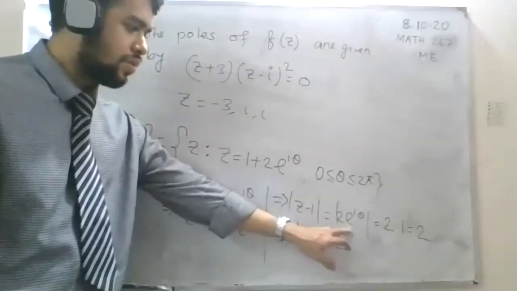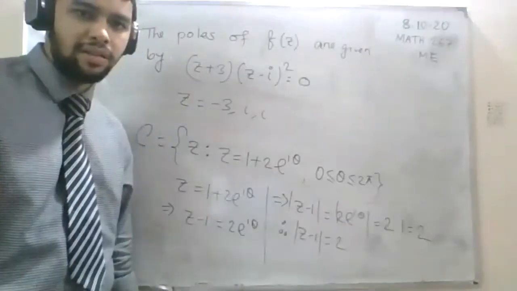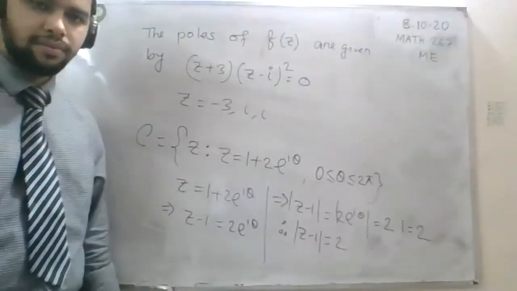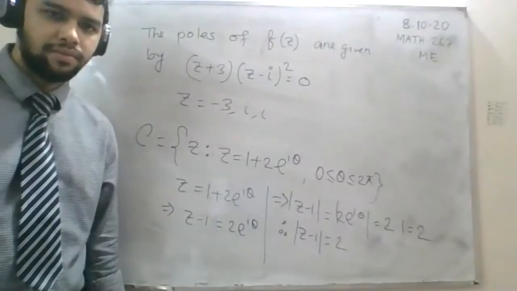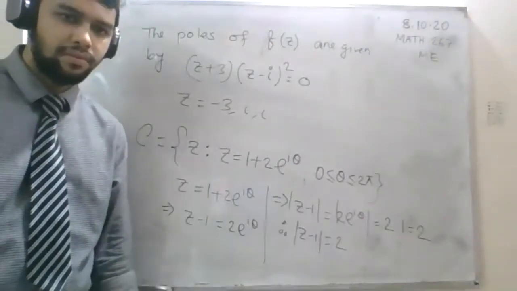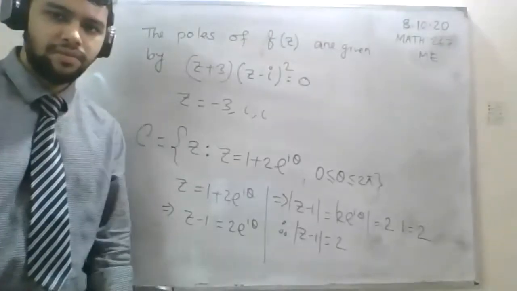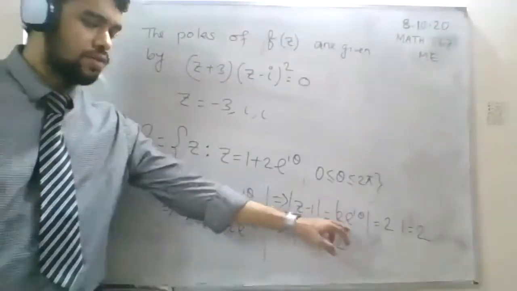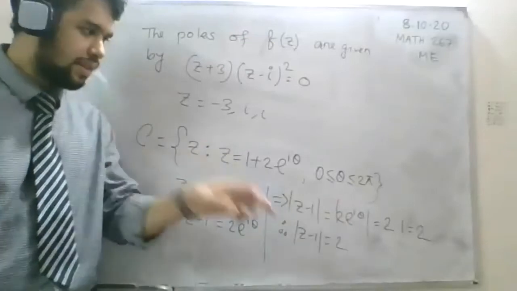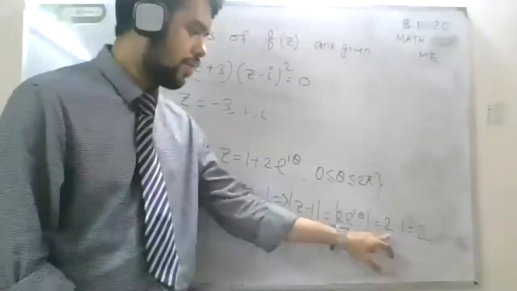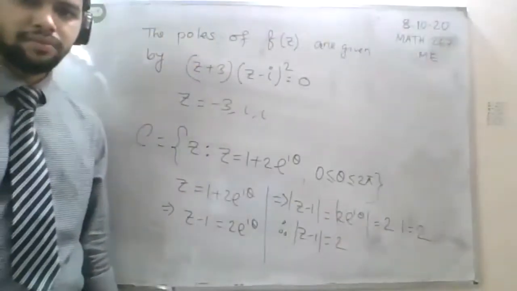So, do you know what the modulus of e to the power i theta equals? Do you have any idea about it? How can I write that the modulus of e to the power i theta equals 1?